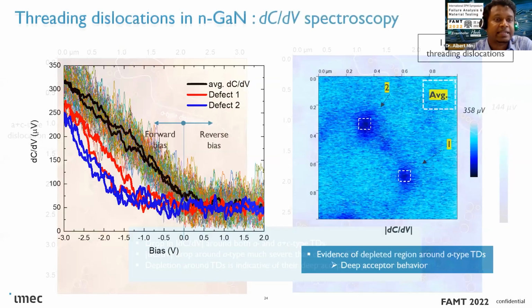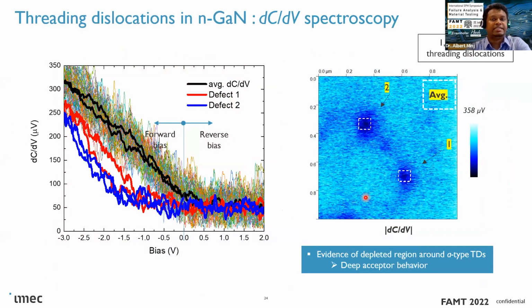And now we had the opportunity to do DCDV spectroscopy on these dislocations. In this case, we make a bias sweep from negative volt to positive volt, or vice versa, or you can start with 0 as the Park tool allows. In this case, it's always a sample bias. We identified 2 A-type threading dislocations based on morphology.